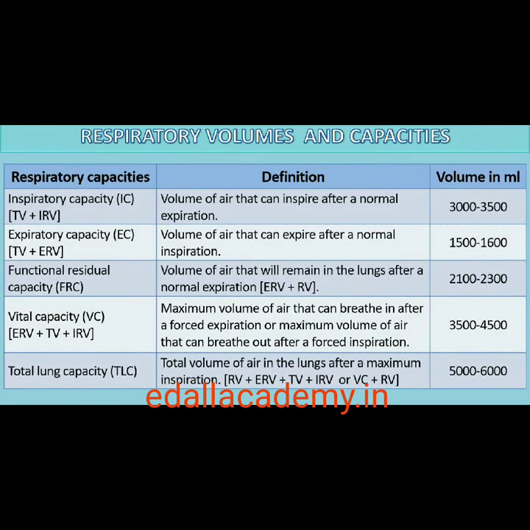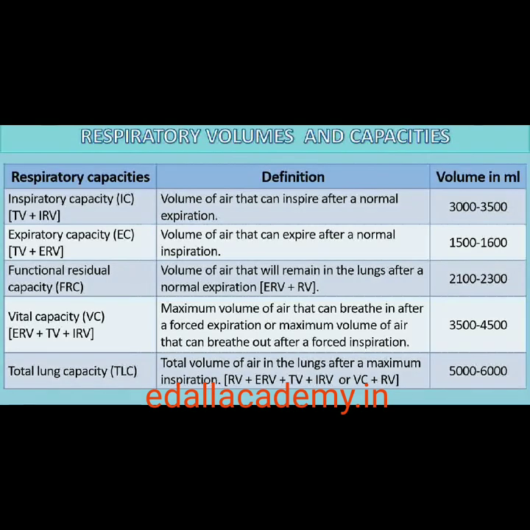By adding up a few respiratory volumes described above, one can derive various pulmonary capacities, which can be used in clinical diagnosis. Inspiratory capacity, IC. Total volume of air a person can inspire after a normal expiration. This includes tidal volume and inspiratory reserve volume, TV plus IRV.